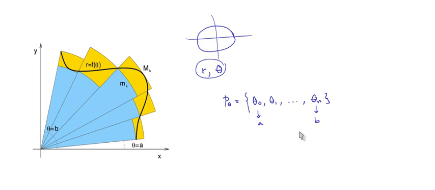And then in each of these intervals we have circular sectors. The area of any given circular sector, something like this, is given by the angle that is covered in the circular sector times r squared, divided by 2.